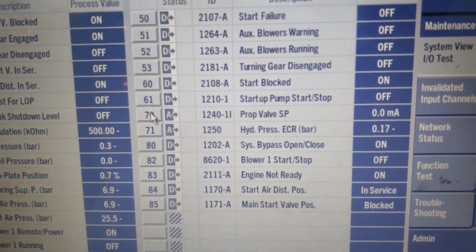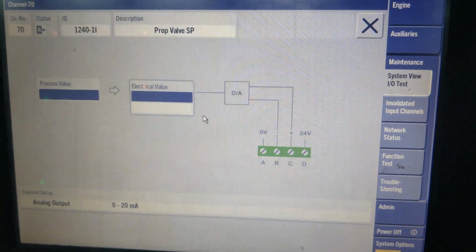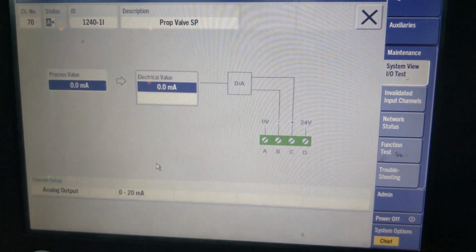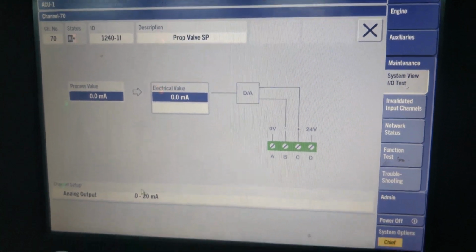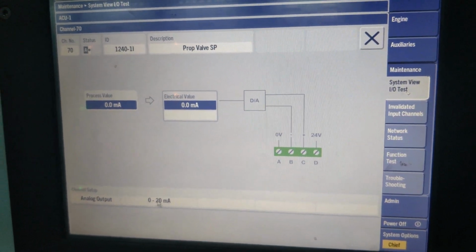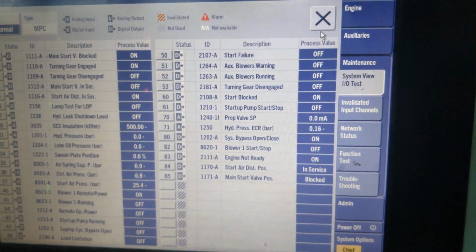In all 3 ACUs this channel will be there. This is the analog output. How much the swash plate position is to be kept is decided by the signal here, whether positive or negative.